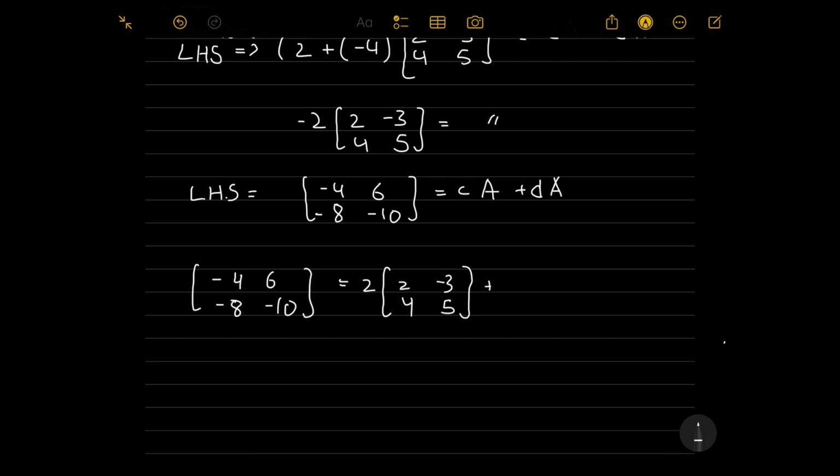And then plus D. D is -4 into the matrix A, 2, -3, 4, and 5.